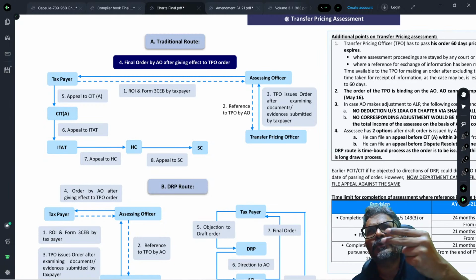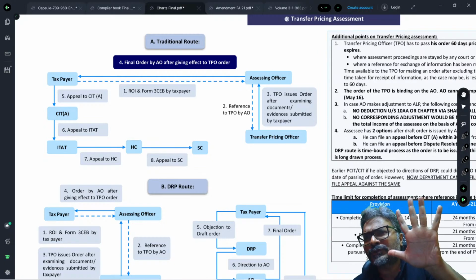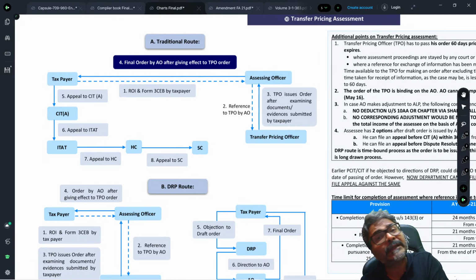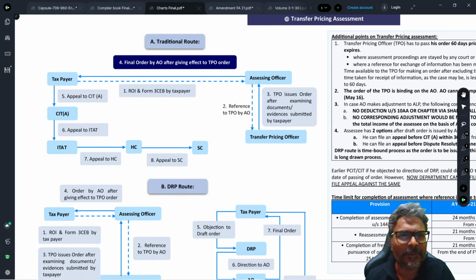Only one or two sub questions in those 5 questions you may have to do some calculations. Rest of it you will end up writing only theory. This is the kind of question which we have seen in the past for the transfer pricing topic. So this is a very popular question, students, and you should have conceptual clarity so far as the topic is concerned.